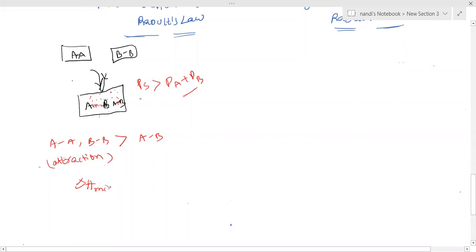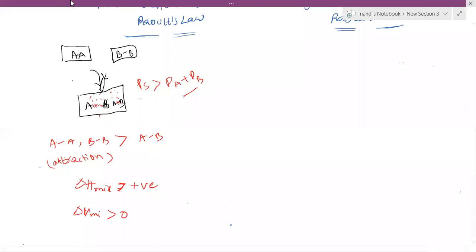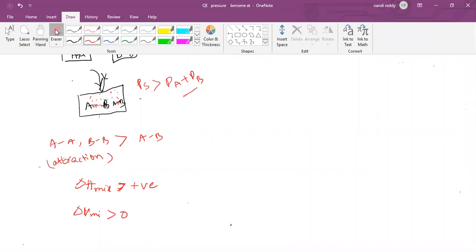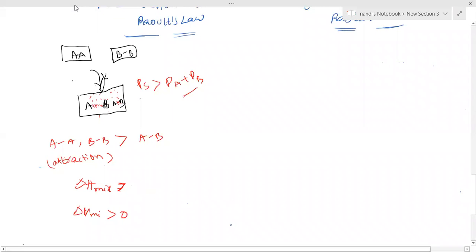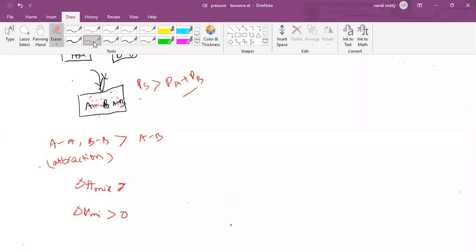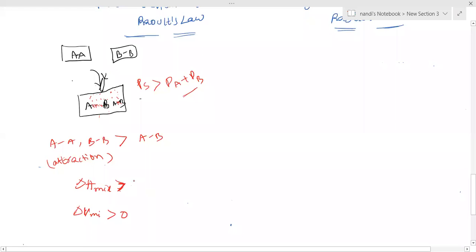Delta H mixture is positive. Weak attractions mean the molecules move far away from each other, so delta V mixture is also positive, greater than 0, you can write. So everything is positive, sir.